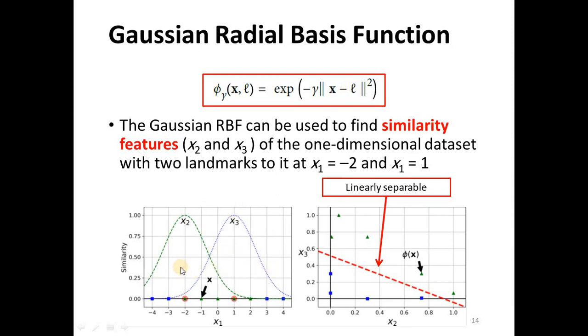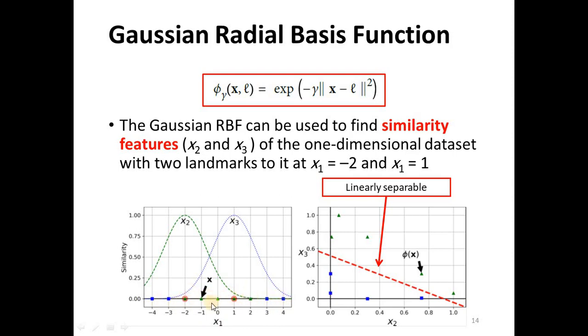Here we have an example. RBF can be used to find similarity features, like here we have a point at L equals -2 and here at L equals 1. This problem is initially a one-dimensional problem.